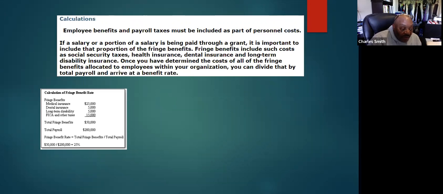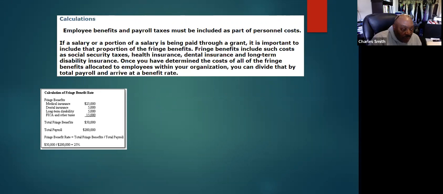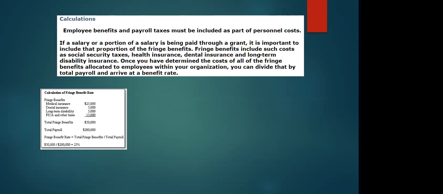Fringe benefit rate, the fringe benefits compared to the total payroll: $50,000 divided by $200,000 is 25%. That means every dollar that comes out of that budget, 25 cents goes to fringe benefits. So 25% of that is going to go towards fringe benefits. And that's how we calculate.